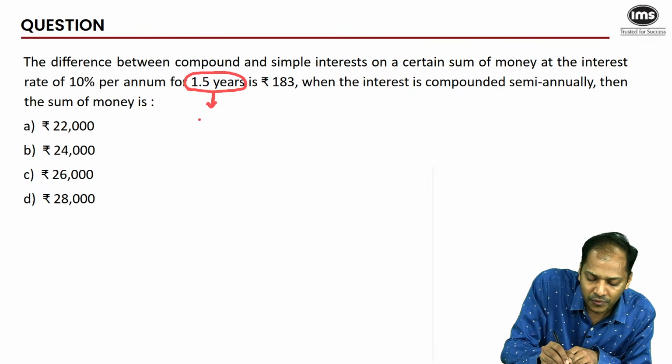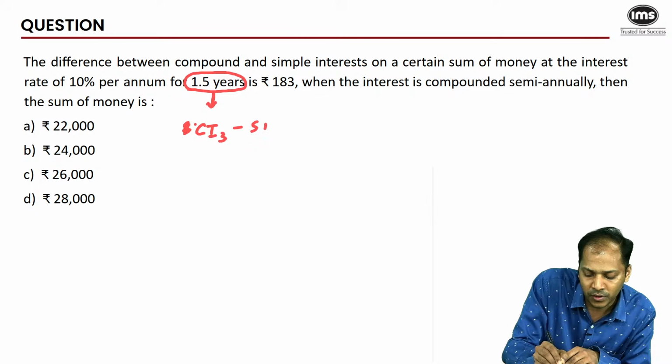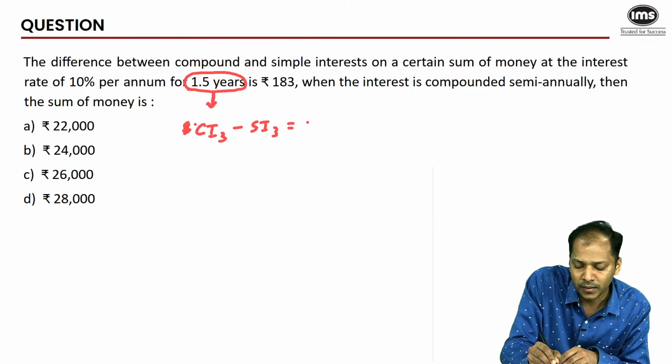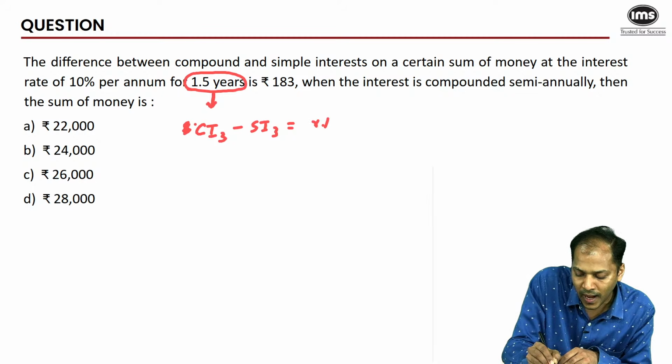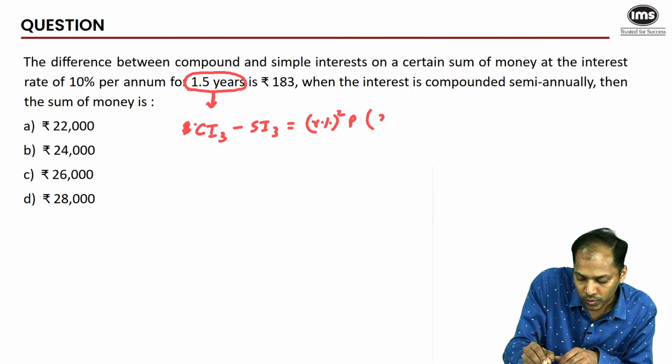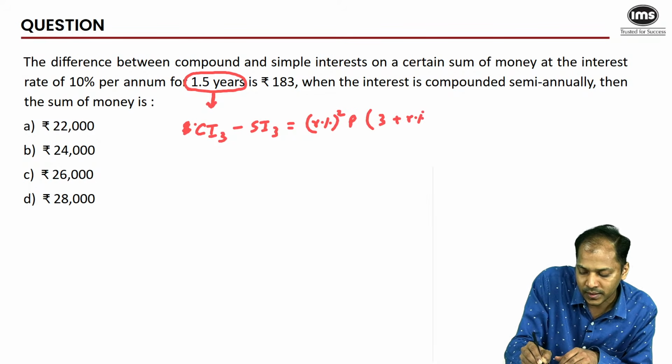If you remember the difference between SI and CI, compound interest for 3 time periods minus simple interest for 3 time periods, the formula was basically the formula was r% the whole square into P into 3 plus r%.